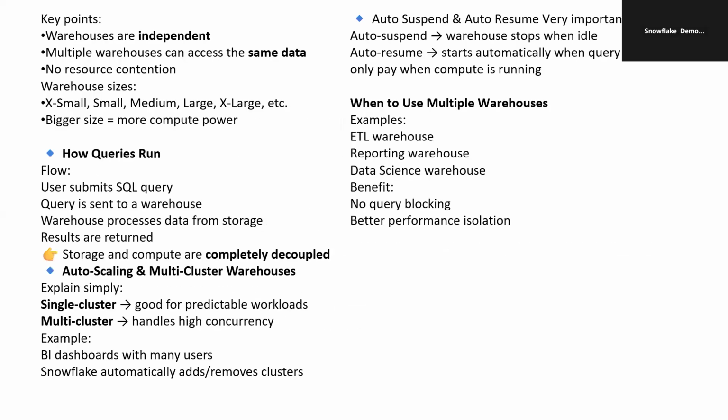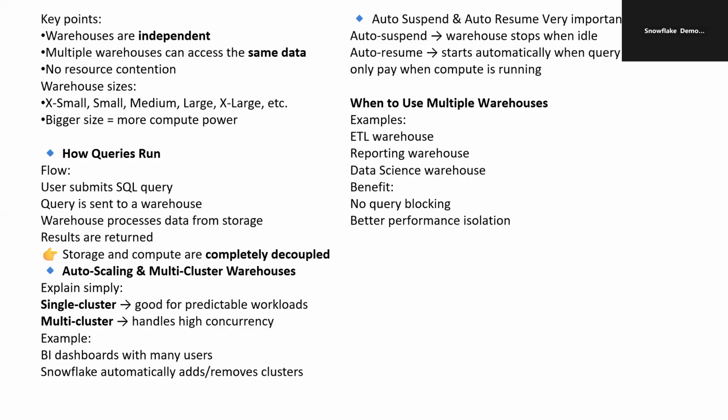Now moving on to the important points. These warehouses, as we discussed, are independent of each other. Suppose you have ETL, which uses an ETL virtual warehouse, and you have BI, a downstream application which consumes your data for dashboards and data visualizations, suppose Power BI.